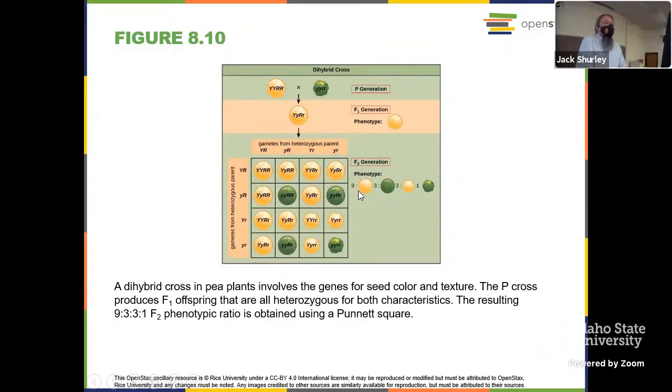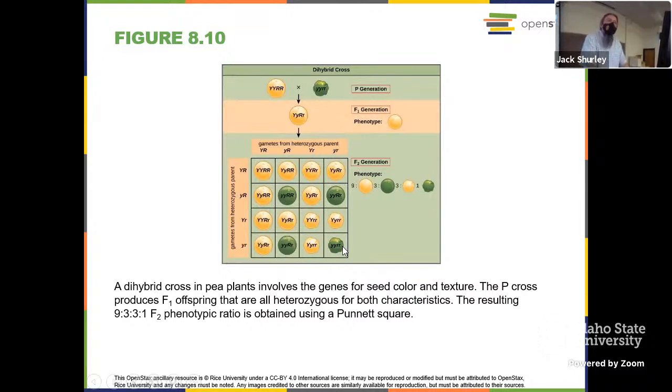So the phenotype for those that are round and yellow, there are 9 of them, and you can count them up. 9 round and yellows, there are 3 round and greens, 3 of them that are wrinkled and yellow, they're right here, and only 1 of them that's wrinkled and green, like what we started with up above.